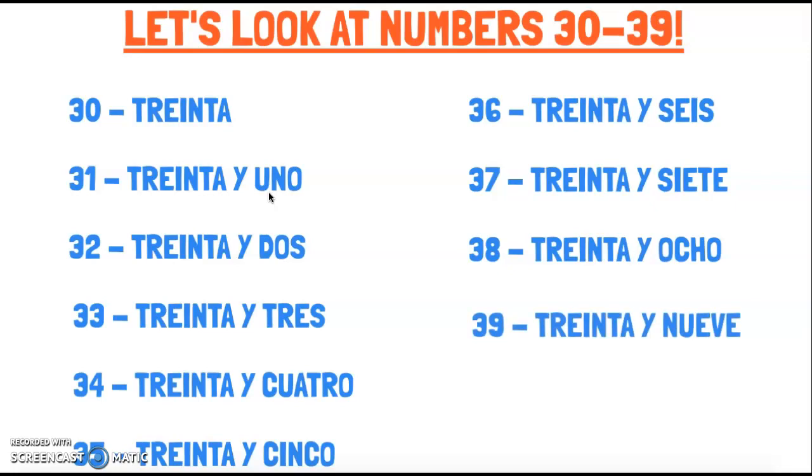So here you guys can see the pattern coming into play. You take your multiple of 10, the letter Y, which is pronounced E, and then the number 1 through 9 in Spanish. So now let me give you the rest of the multiple of 10s.